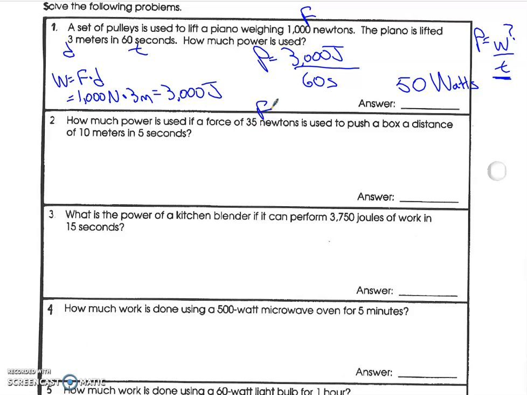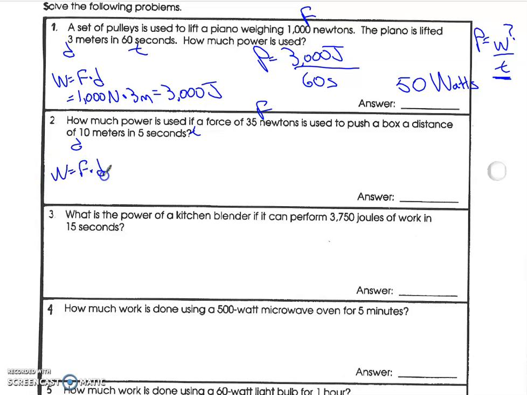Second one, how much power is used if a force of 35 newtons is used to push a box a distance of 10 meters? So that's distance. And they give us the time in seconds. So we end up having to do the same thing. Because if you look back at this equation, we're given time directly. We're not given work, so we have to figure that out. So we could do the same thing.